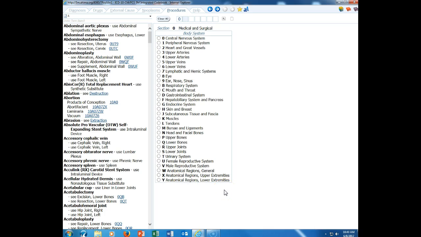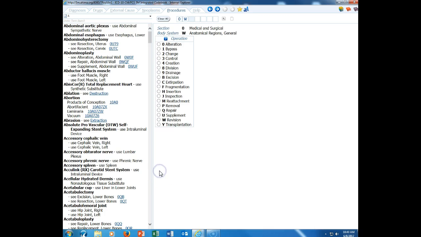And on the top of page 98, it talks about the general anatomic region body system. You see this is the general anatomic region right here, and it tells us in the guidelines that procedure codes in this system are only used when the procedure is performed on an anatomic region rather than a specific body part.